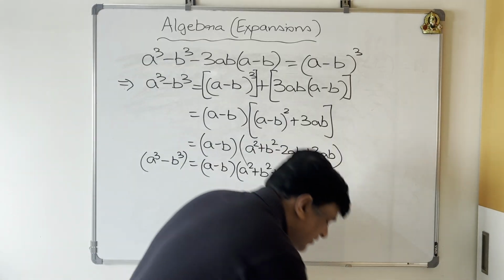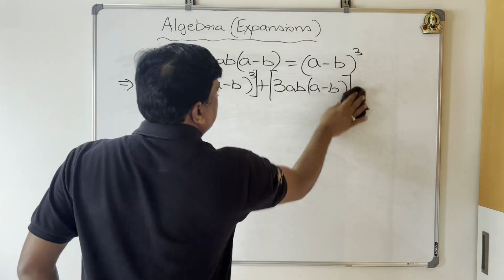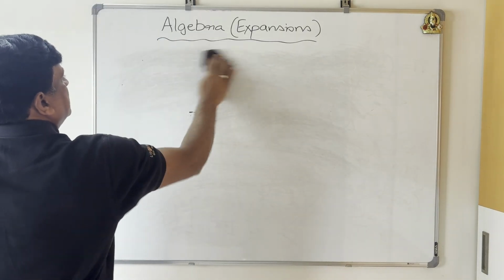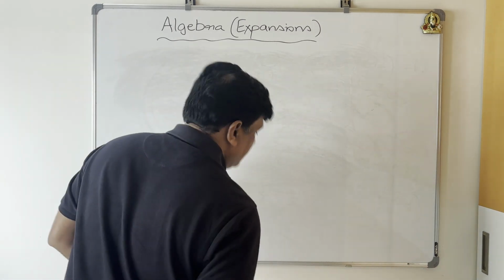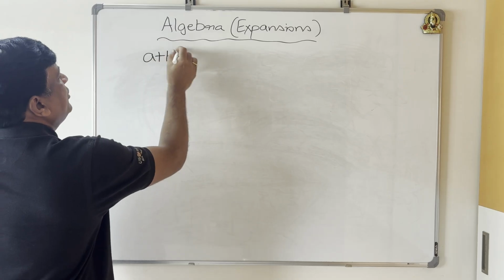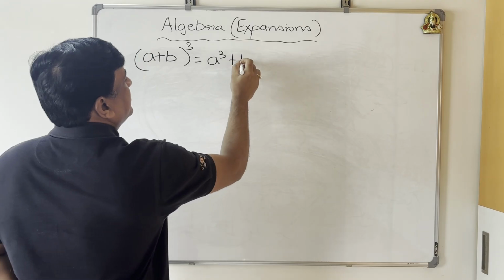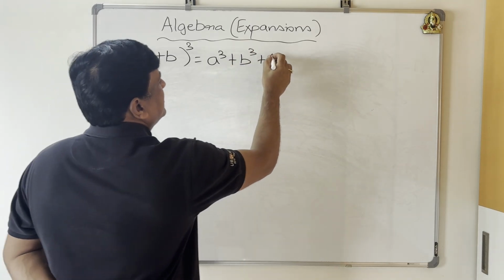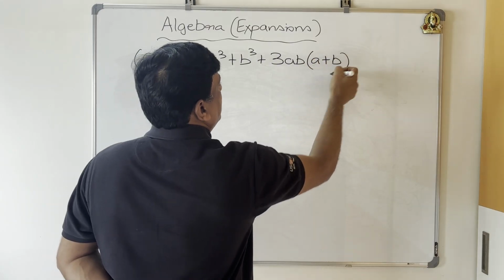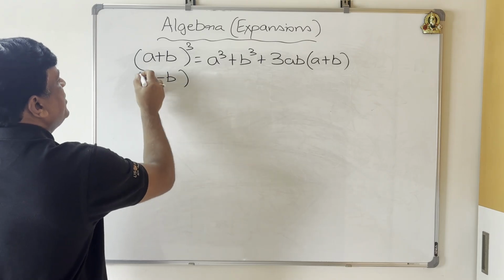So what are the formulas we have seen for cubes? This is very important. Okay. So we saw a plus b whole cube is a cube plus b cube plus 3ab times a plus b. That is one formula. Then we saw a formula for a minus b whole cube.